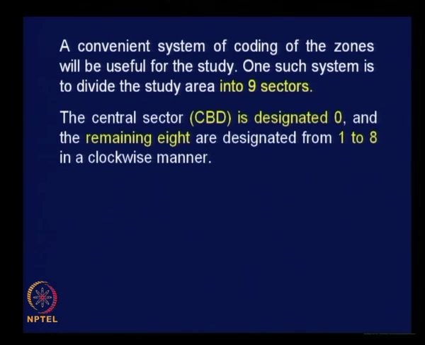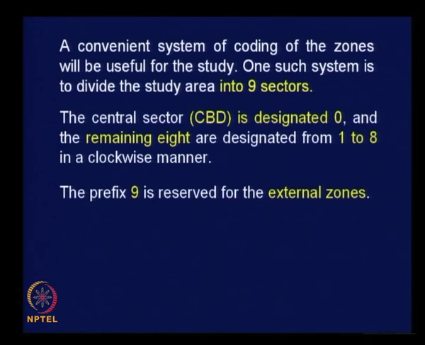The central sector, CBD, central business district, is designated normally with number 0. The remaining 8 sectors are designated from 1 to 8 in a clockwise manner. Clockwise is only convention, even if you do it anti-clockwise, nobody is going to question.